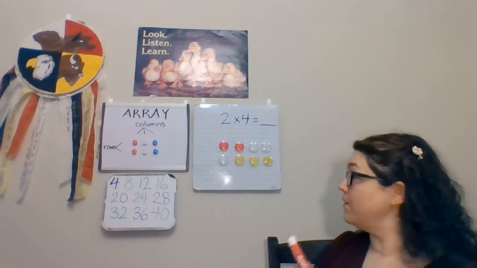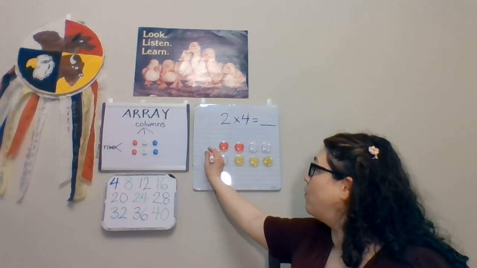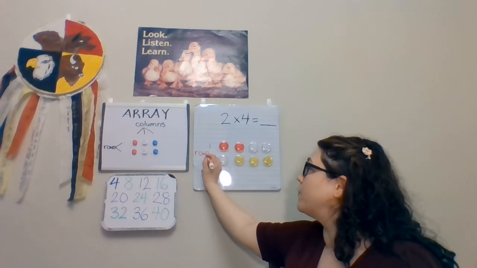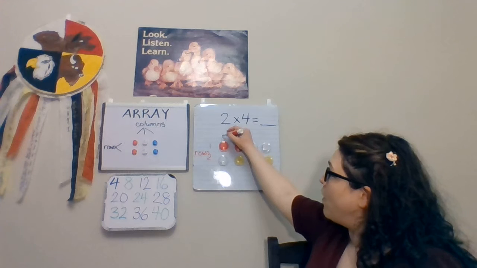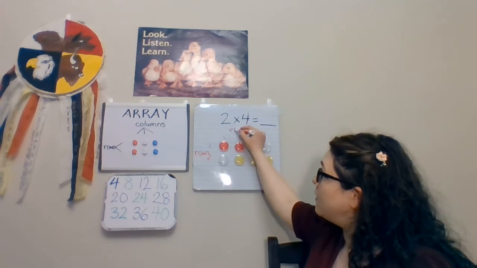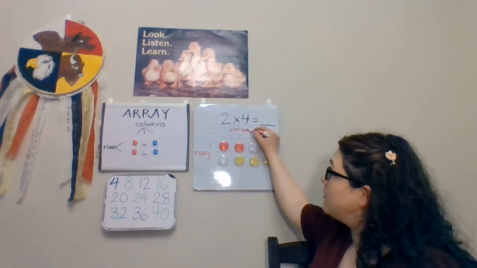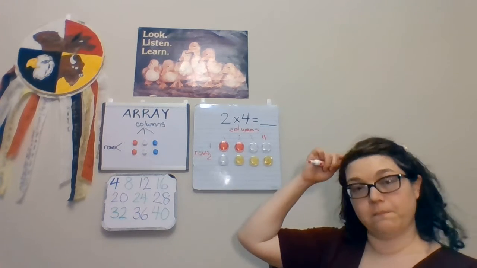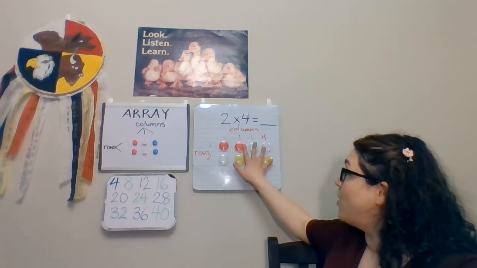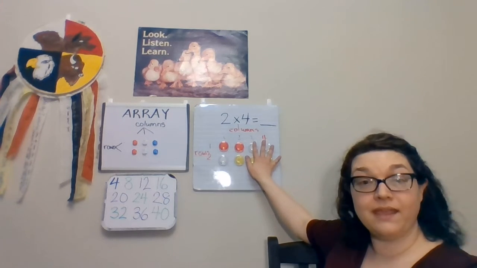So just to review, we've got 1, 2 rows over here, and we've got 1, 2, 3, 4 columns over here. Don't forget the end. All right, so now we've got the array.